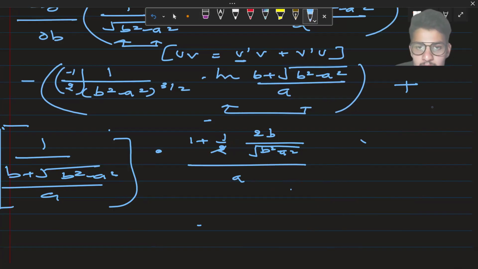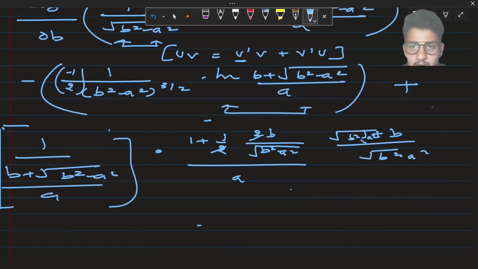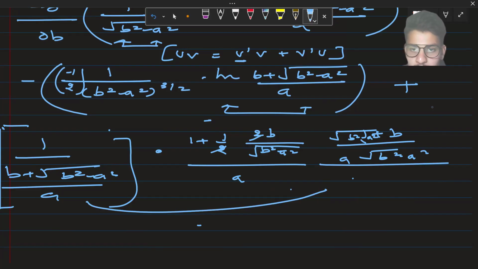So when you do this, you will receive 1 plus b upon root over b square minus a square, and in the denominator also a is there. And this part will come down as b plus root over b square minus a square upon a.